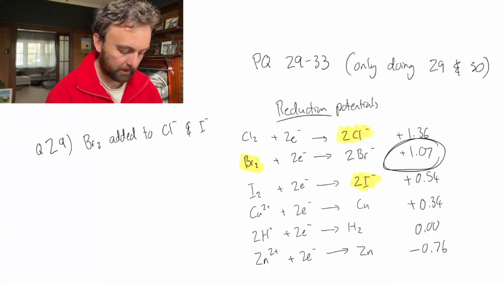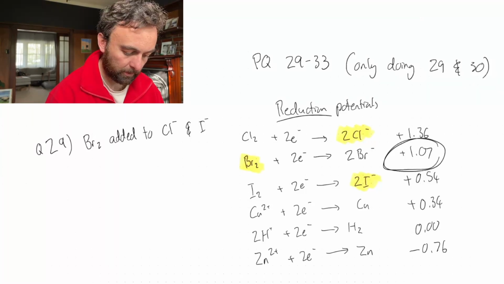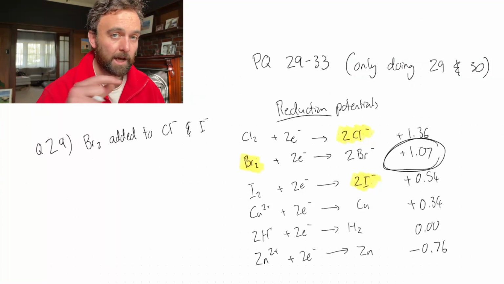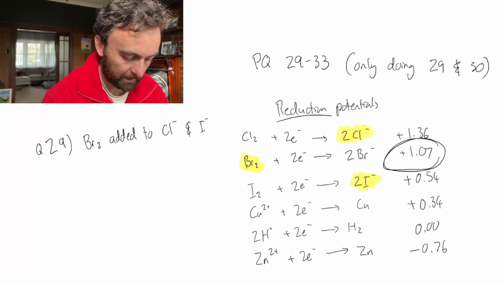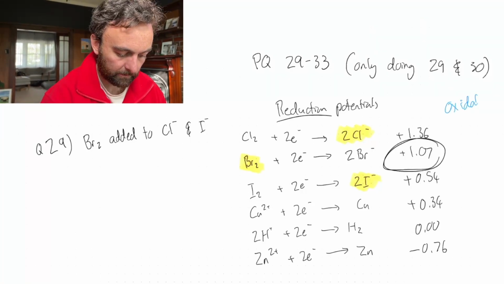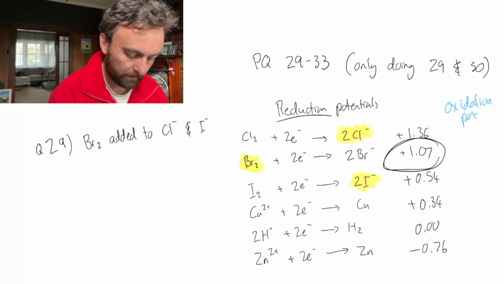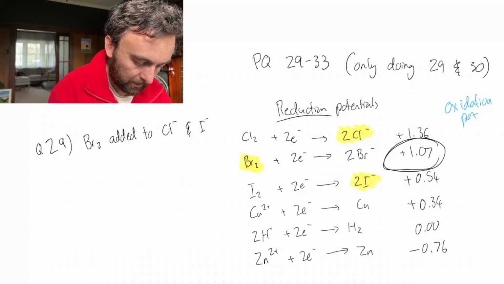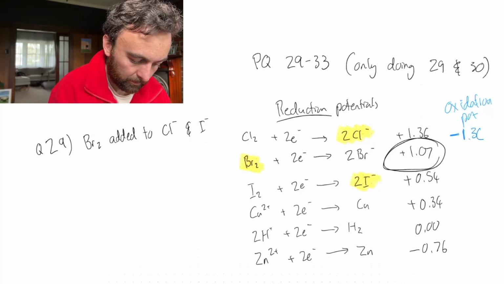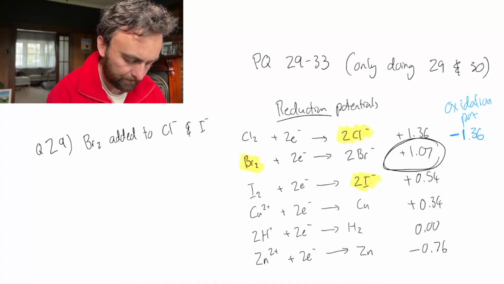So what we actually need to do is, because we know that's being reduced, we know that the other two are going to run as oxidation reactions. So we actually need the oxidation potential of these two reactions. So this plus 1.36 now goes to negative 1.36 for the chlorine.